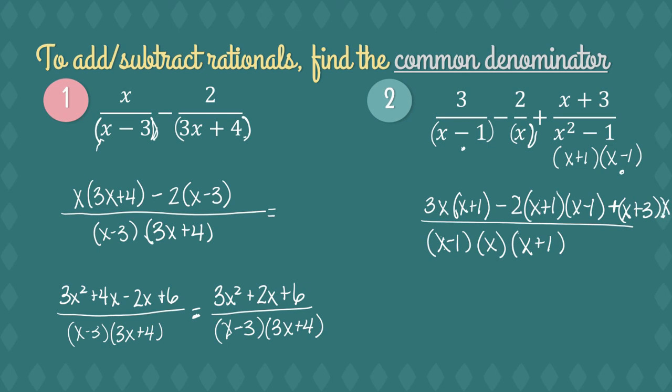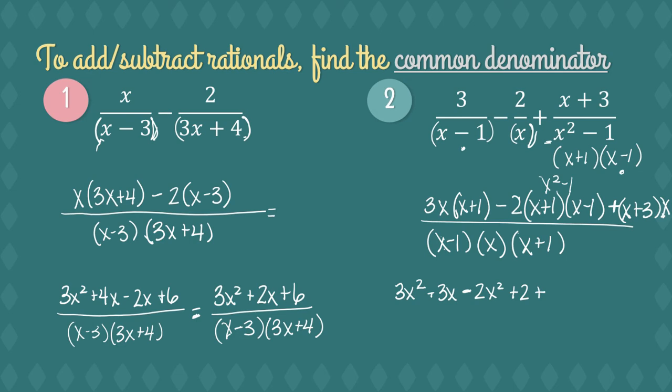So that's what I need, okay? So now I'm going to multiply everything out in the numerator, and simplify if I can. So I'm going to start with the 3x times x and 3x times 1. Then, 2 times x plus 1 times x minus 1, which I know is x squared minus 1 because I had that up here. So I'm going to fill that back in, and then multiply by 2. So minus 2x squared plus 2.